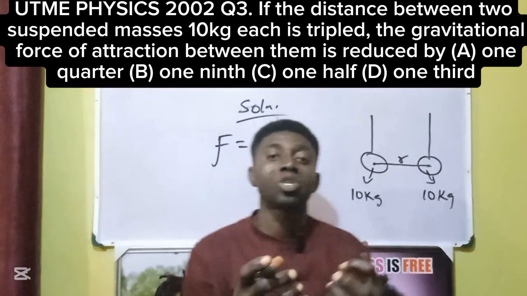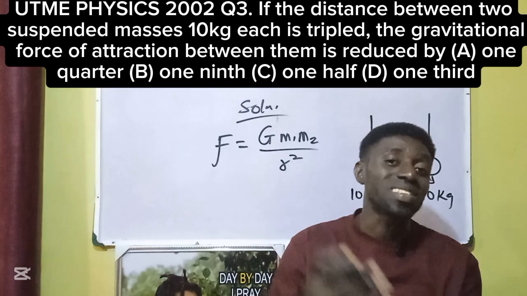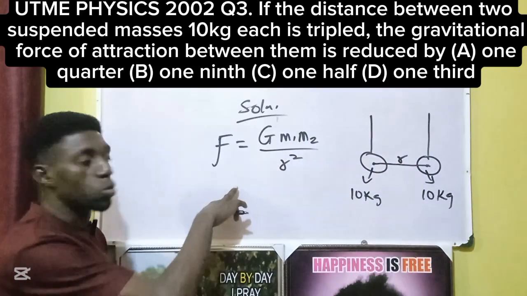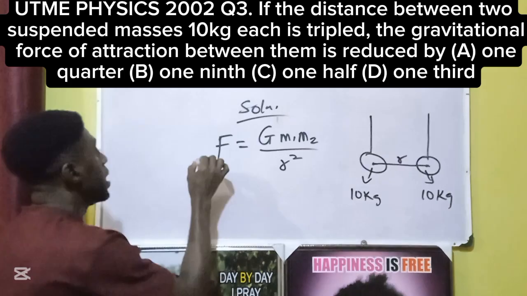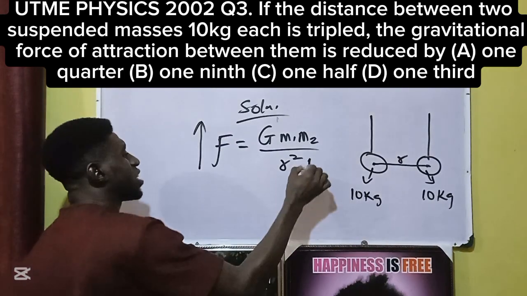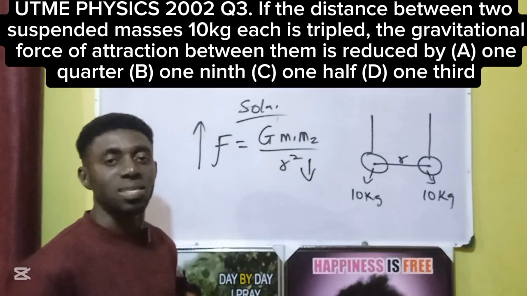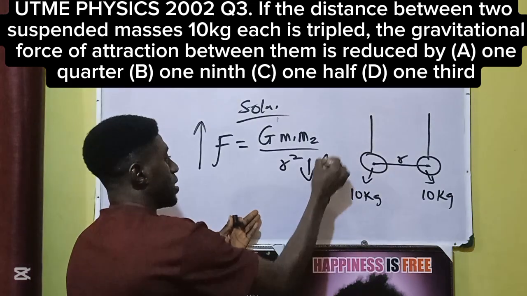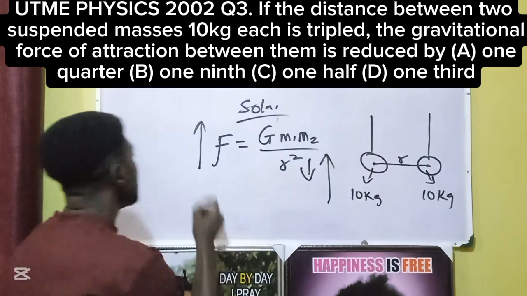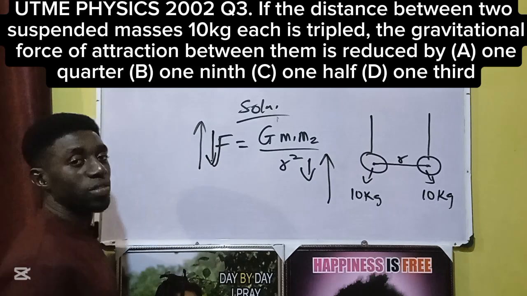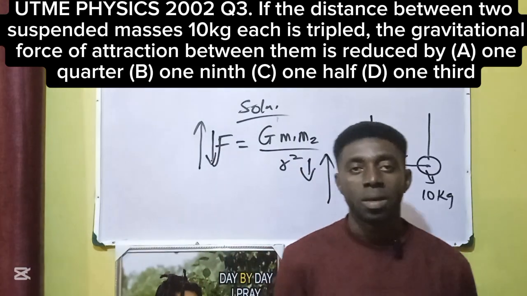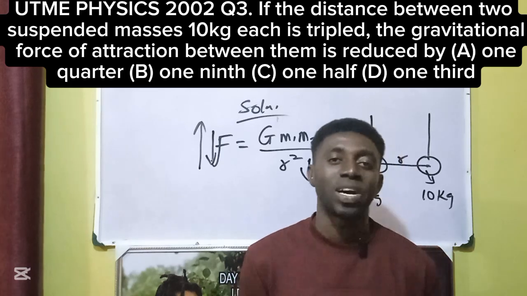Even the question understands that when the distance is tripled, the force will be reduced, because that is what Newton portrays in this equation. You can observe that increase in force means decrease in the distance apart. In the same manner, increase in the distance apart means decrease in the gravitational force. This is what we call inverse proportion, or indirect proportional variation.